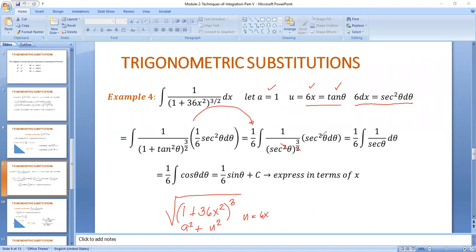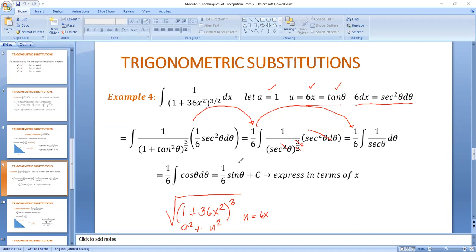However, you have your secant squared, so you cancel the entire secant squared here and take 2 from this one. So you have 1/6 integral of 1 over secant theta d theta. What is 1 over secant? That is cosine. What's the integral of the cosine? That's the sine. You get it?